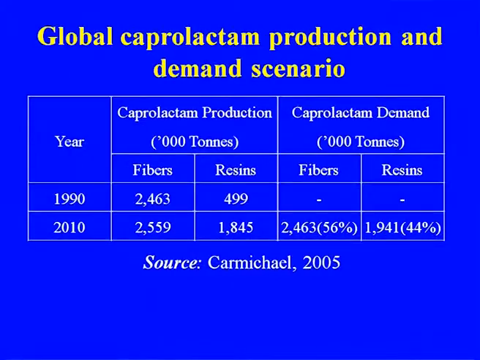Now the global caprolactam production and demand scenario: this is about caprolactam globally, but in India there has not been much increase in production, because there are only 2 units, which I told you, Gujarat State Fertilizer Complex GSFC at Vadodara, and the other.